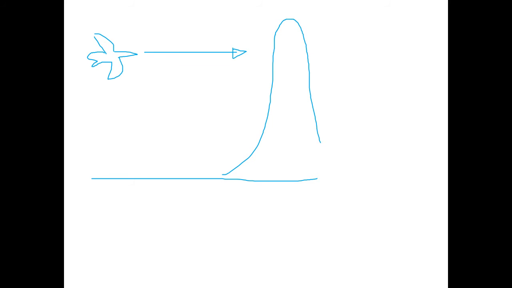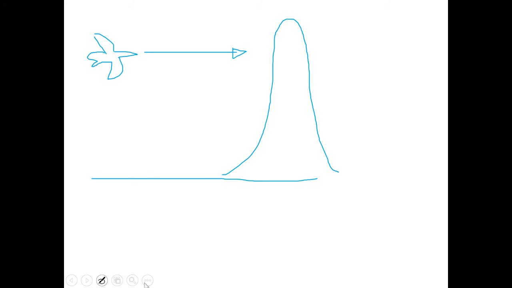Assume this is a bird and it is flying in this direction. If this is flat, then it shouldn't be any problem. If there is a mountain so high, then there will be a problem, right?